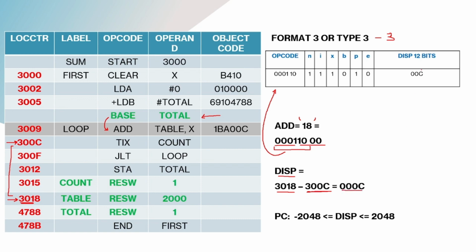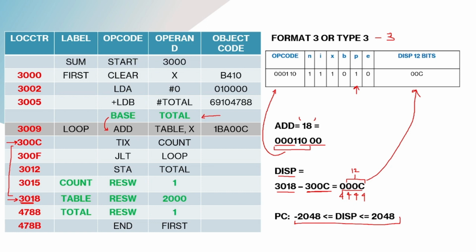And we need to fit in only 12 bits. This is 4, 4, 4, and 4, right? So only these we need to take. That gives 12 bits. So we take this value and fit it right there. Also you need to check: to use program counter relative addressing mode, we need to see whether the displacement that you get fits in between minus 2048 to positive 2048.